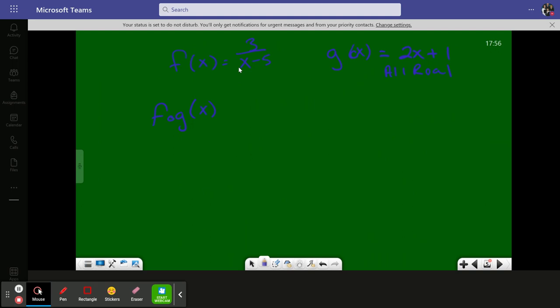What would make a 0 in my denominator? What do I have to do? Multiply by zero? No. But x minus 5 equals 0. If I've got to find out what would make this a 0, then I'm going to set it equal to 0. Does that make sense? So I'm going to add 5.